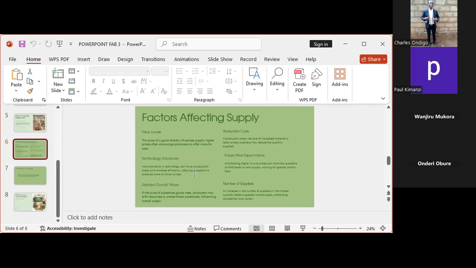Also, we have the issue of technology advancement, which we also talked about. We have also the production cost. If the production cost is high, it will lead to decreased production. Also, we have the future price expectations.